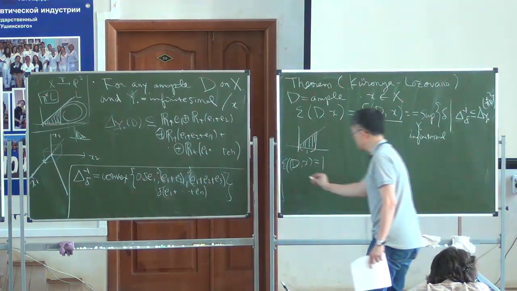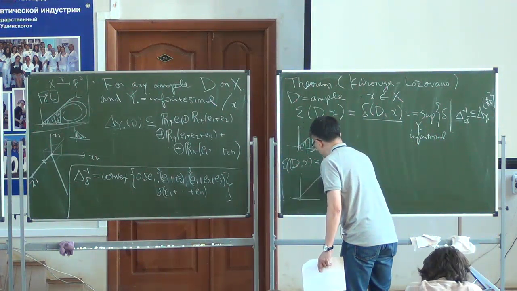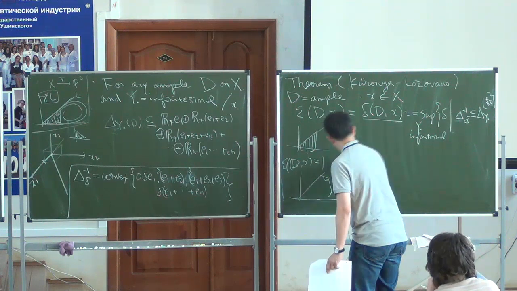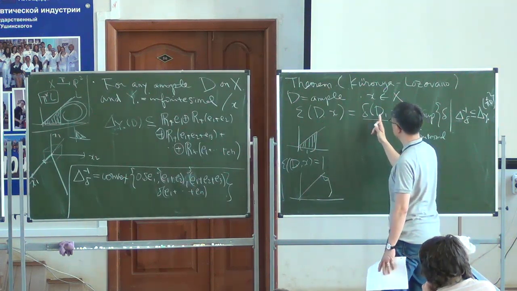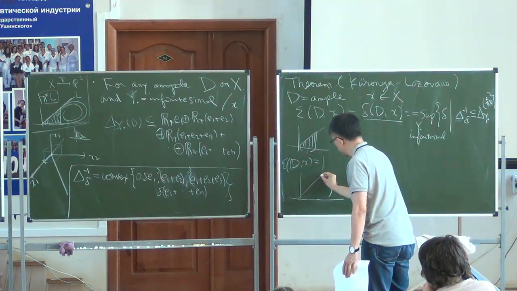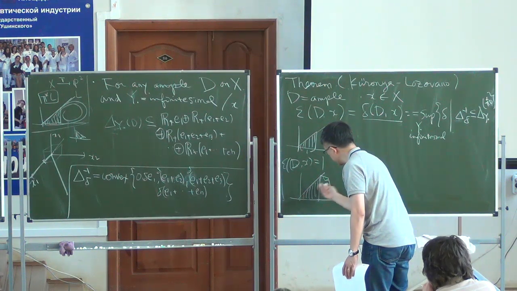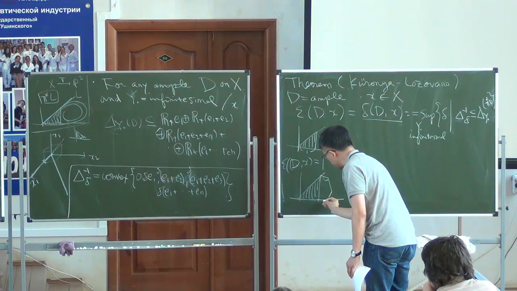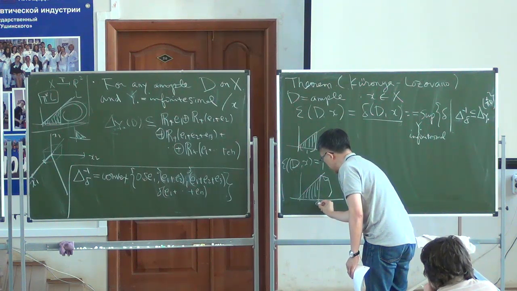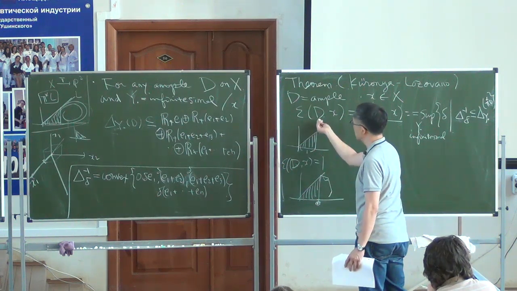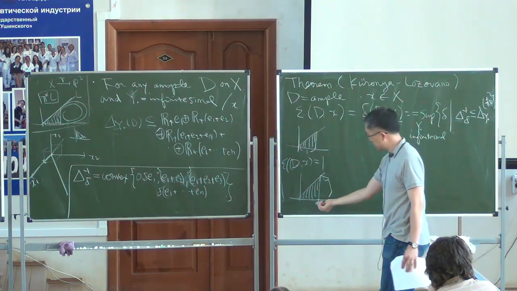In general, your Okounkov body may look like something like this, and the inverted simplex function at x, the largest simplex contained in this Okounkov body, is this one. So this number will be equal to the Seshadri constant.